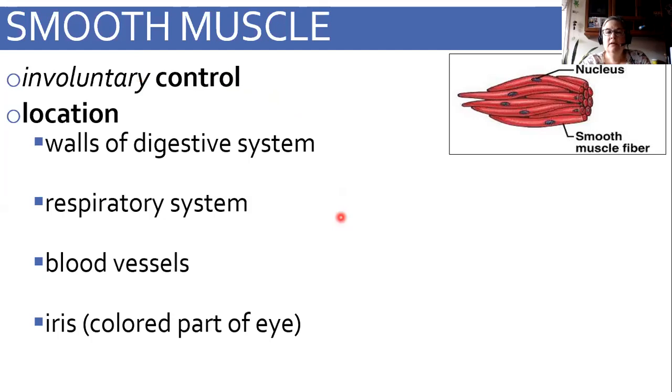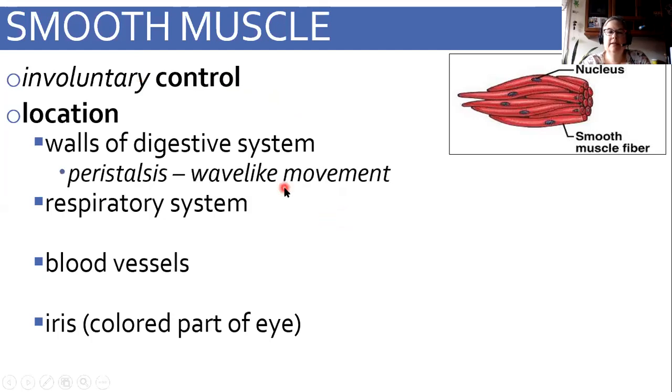Location. So different places it's found in our bodies. So in the walls of our digestive system, right? So when we swallow food, the food goes through this tube called the esophagus, and the esophagus kind of has this wave-like or peristaltic movement that forces the food down to our stomach. From our stomach, the food goes into our intestines, which kind of have this wave-like movement as well that moves food along.